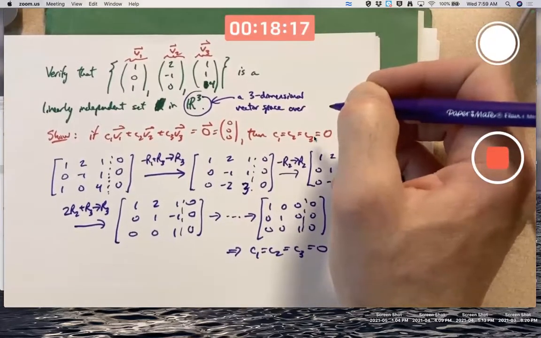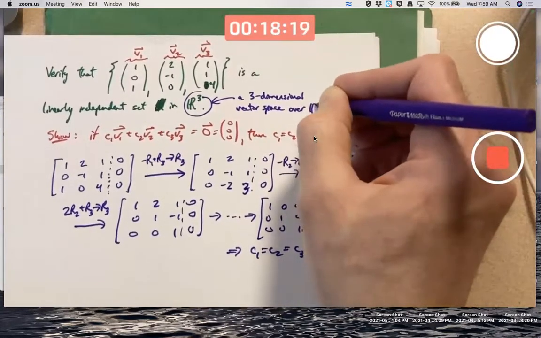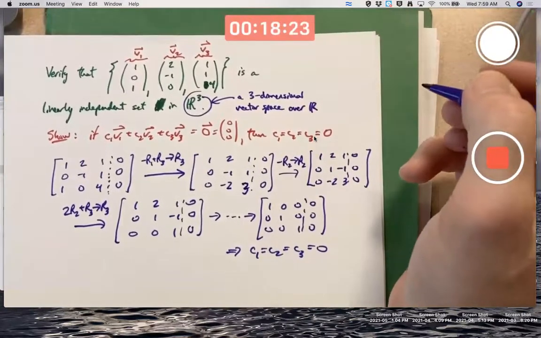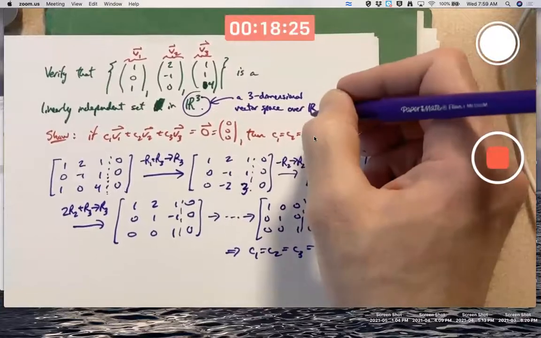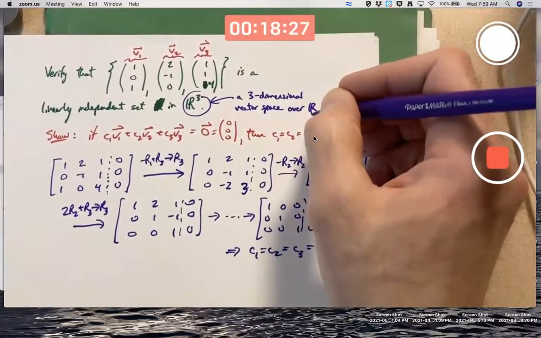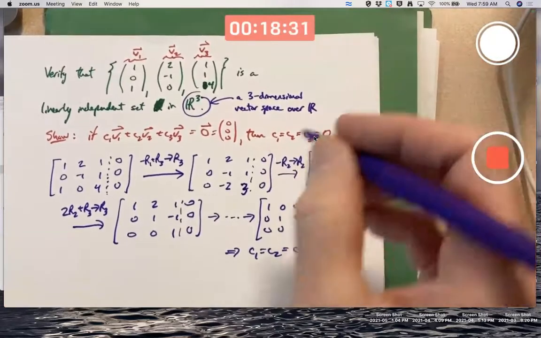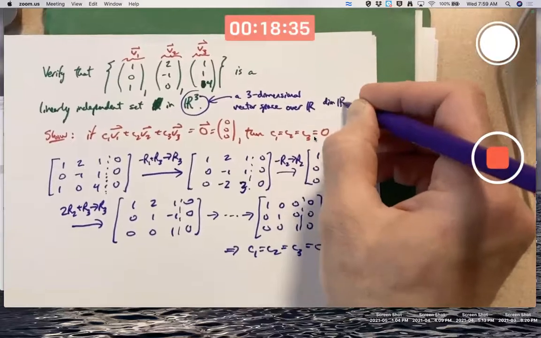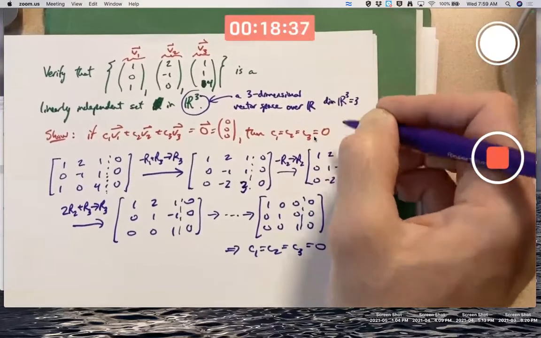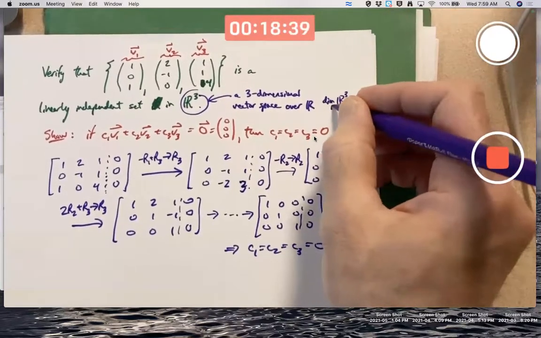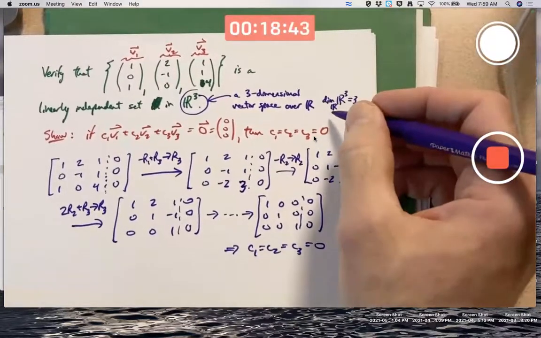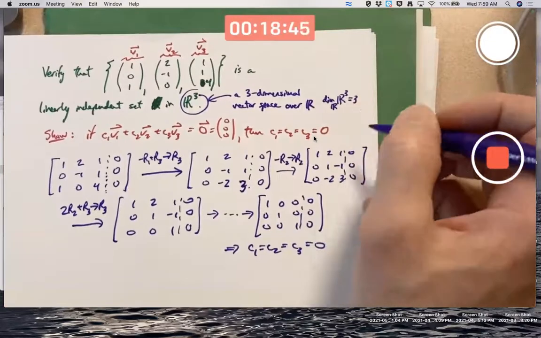But in linear algebra, that field is almost always R. Yeah, it's a three-dimensional vector space over the field of real numbers. You could write dimension of R3 equals 3. If you want to emphasize the field, you could also put that as a subscript here. Dimension of R3 with respect to R over R is 3.